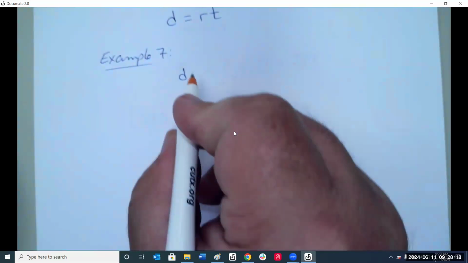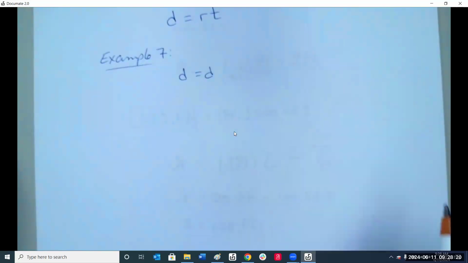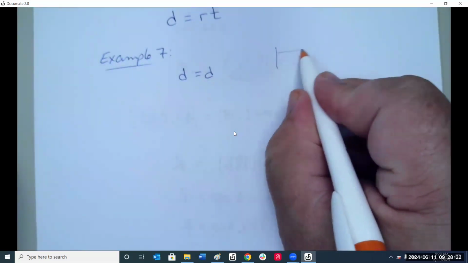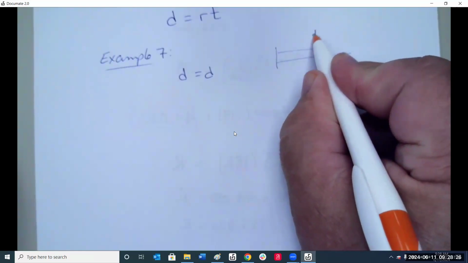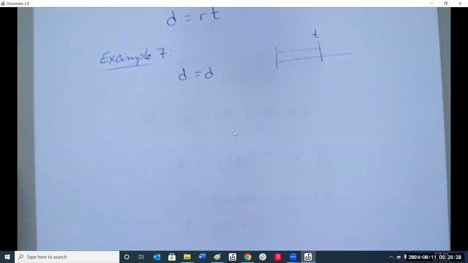And the reason we set those equal to each other is because that's when they're going to overtake each other. They're going to overtake each other at this time. Do we know the distance, how far it's going to be before they overtake each other?